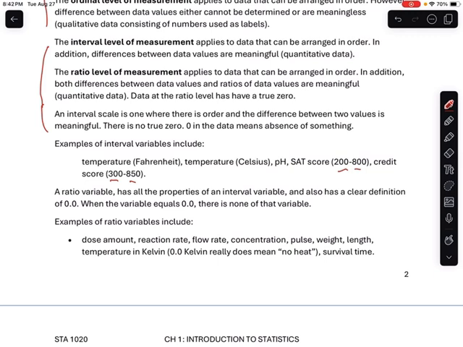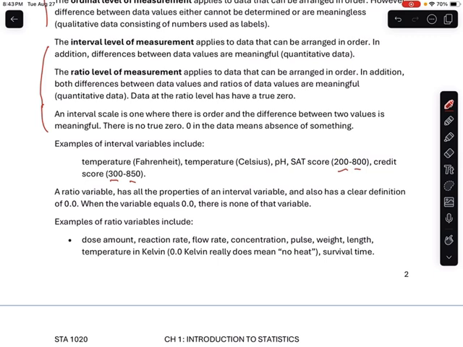It means the thing is not there. So examples of ratio level variables include dose amount, like medicine, reaction rate, flow rate, concentration, pulse, weight, length, temperature in Kelvin.